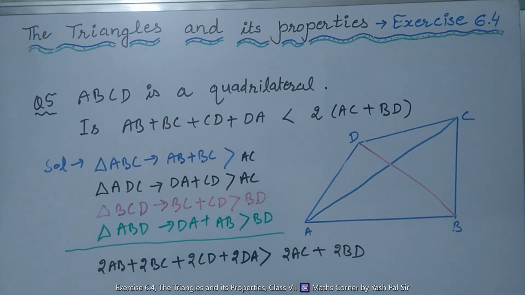So this way we have the conclusion AB plus BC plus CD plus DA is greater than AC plus BD, right?